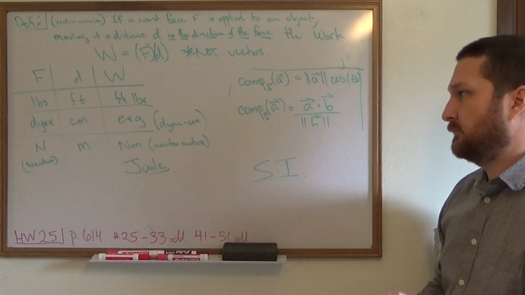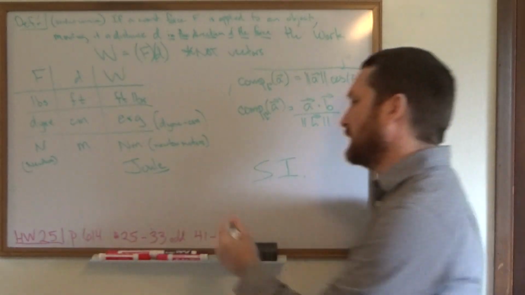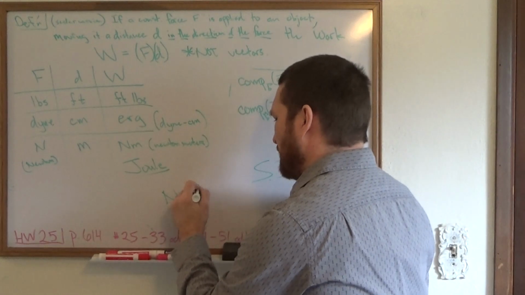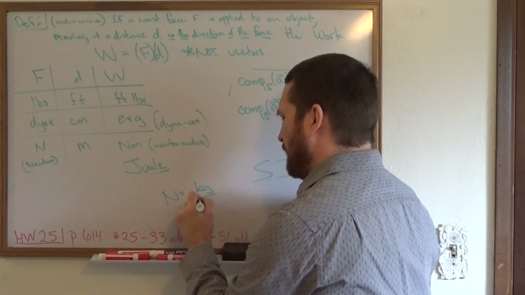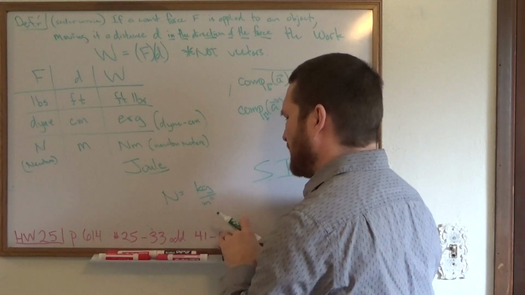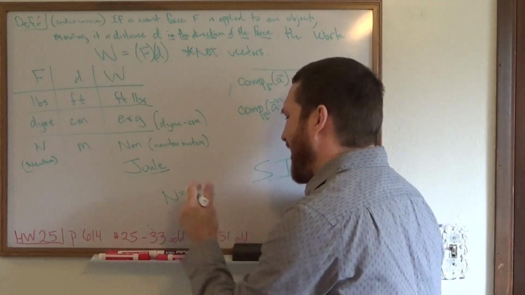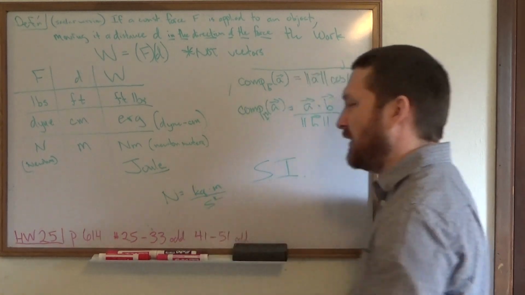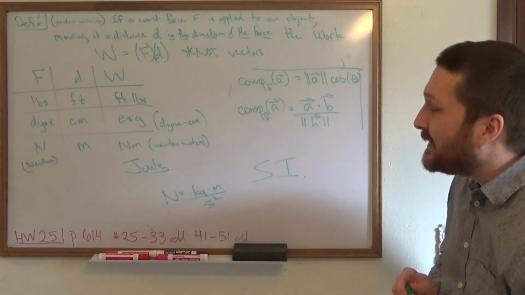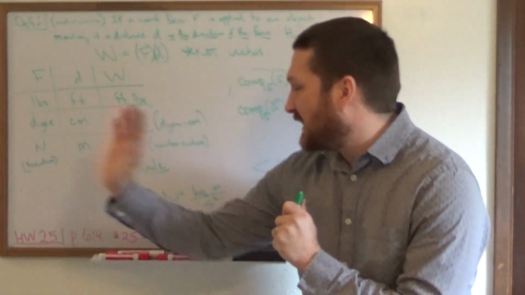Okay? A Newton, I believe, is a kilogram meter per second squared, because it's acceleration. It's how fast you can accelerate it.